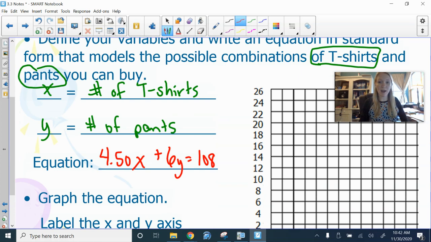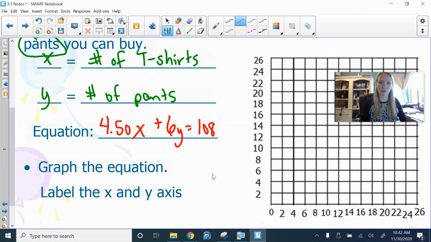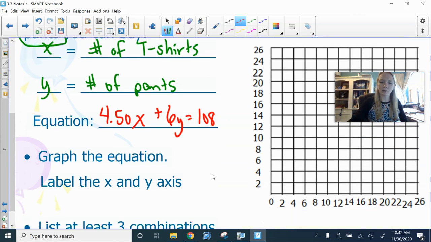So it says we're supposed to graph this equation. Well, there are several ways we can graph an equation. We've done that a lot from last chapter. Since my X would be my t-shirts, I'm just going to label this. And this is going to be my number of pants because that's my Y-axis.